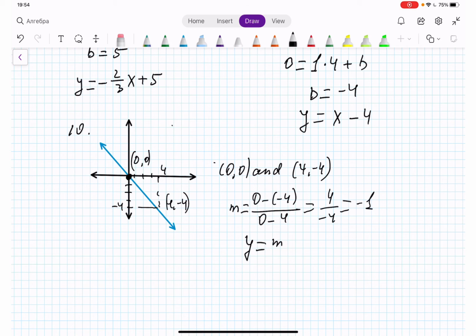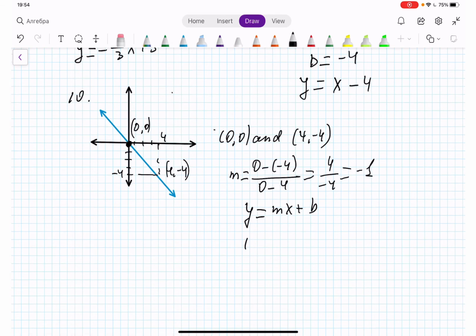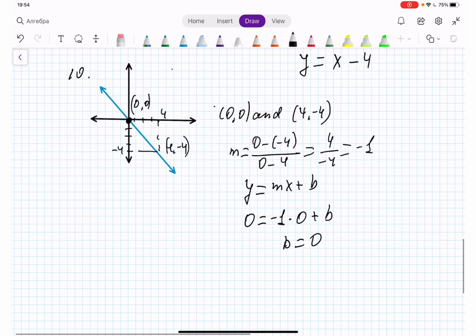Y is equal to mx plus b. Let's take the first one, 0, 0. Y is equal to 0, negative 1 times 0 plus b. And b is equal to 0. Yes? So we have y is equal to negative 1 times x, or negative x, and b is 0, we don't put anything. Negative x, I'm sorry.